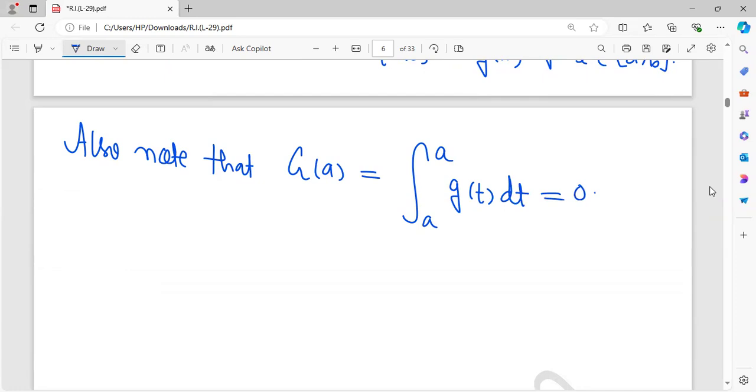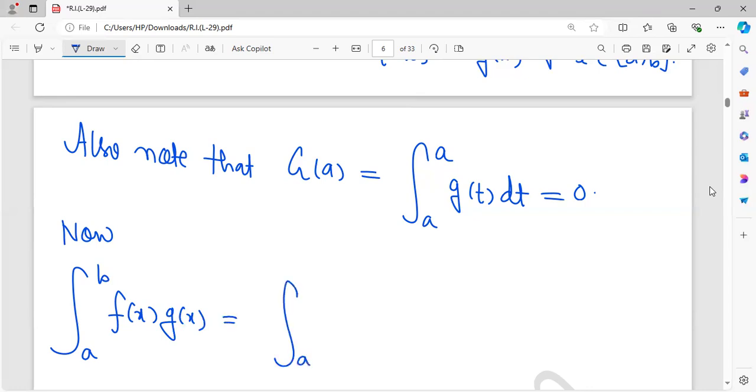Now integral a to b f x g x dx is equal to integral a to b f x G dash x dx.